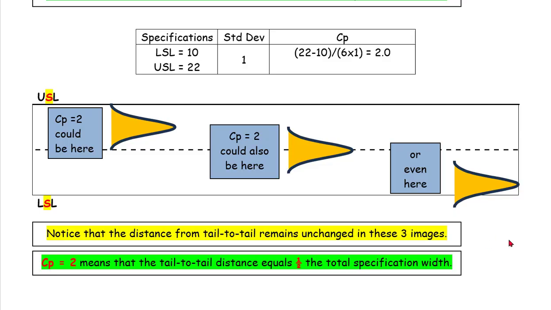Notice that the distance from tail to tail remains unchanged in these three images. Remember that CP equals 2 means that the tail to tail distance equals 1/2 the total specification width, or you could say it the other way. The specification width is twice as wide as the tail to tail distance.